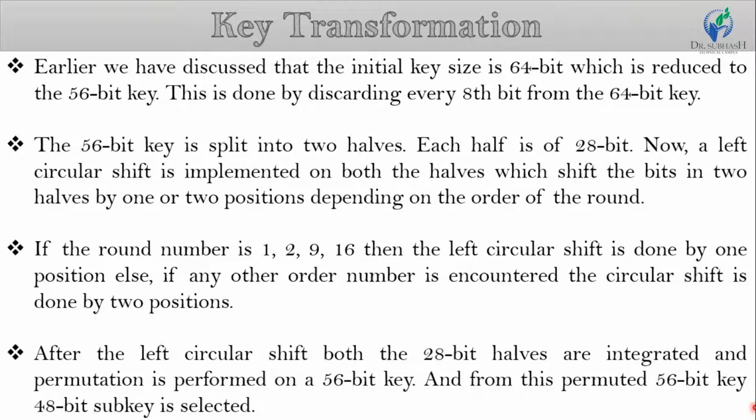Now I will explain expansion permutation. In the first step of encryption, during the initial permutation of DES, the 64-bit plain text is permuted and we have a 32-bit LPT and a 32-bit RPT.